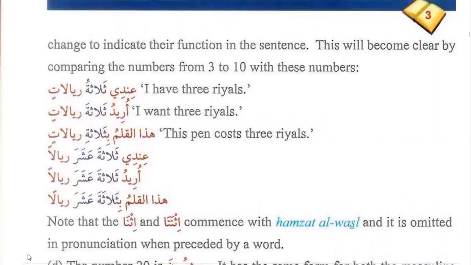Hadal qalamu bi salasati riyalatin: This pen costs 3 riyals. Indi salasata ashara riyalan. Uridu salasata ashara riyalan. Hadal qalamu bi salasata ashara riyalan. Note that isna and isnata commence with hamzah al-wasl, and it is omitted in pronunciation when preceded by a word.